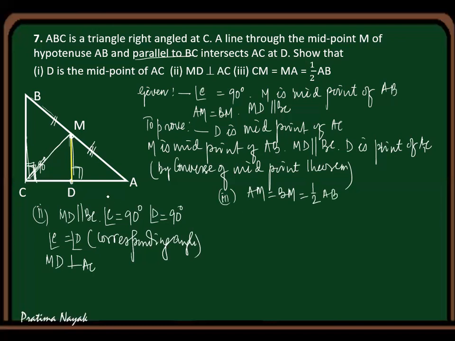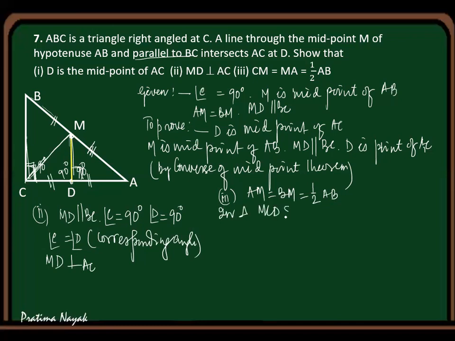Now we only have to prove CM is also equal to AM. How to prove it? You can show congruency. If this angle is 90 degrees, this is also 90 degrees. CD is equal to AD, we have proved, because by the midpoint theorem, D is the midpoint.